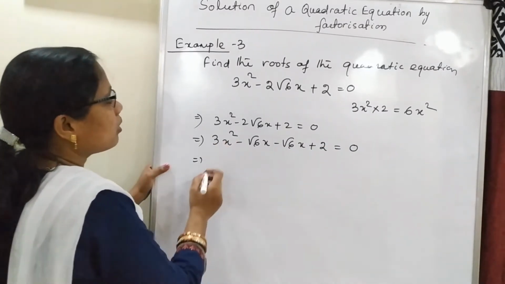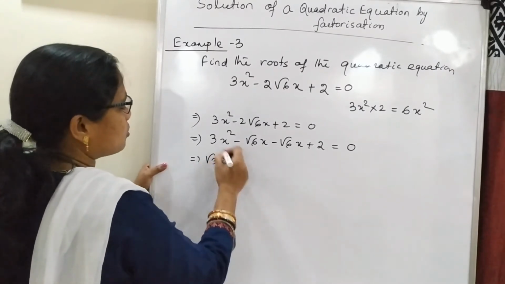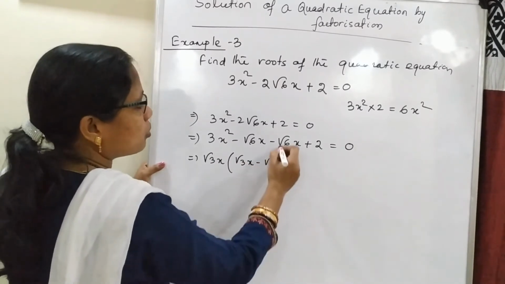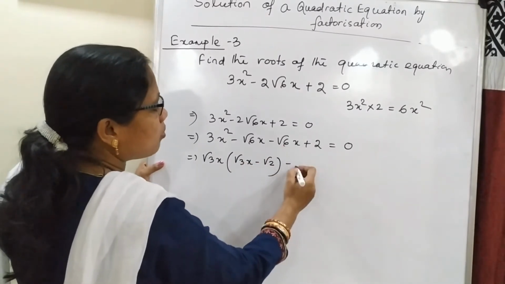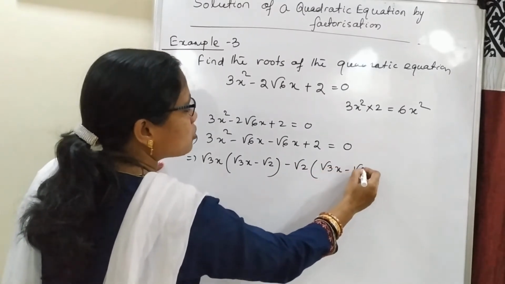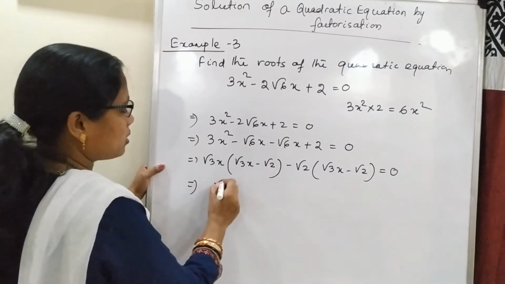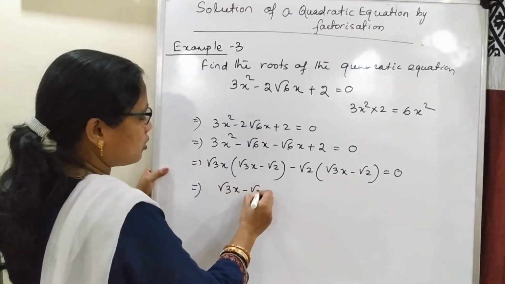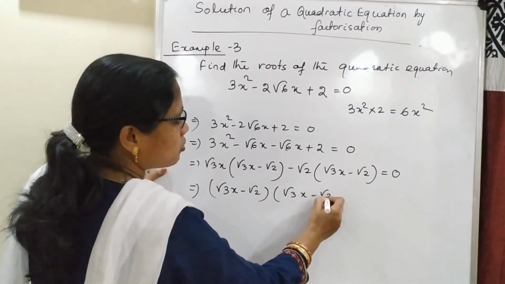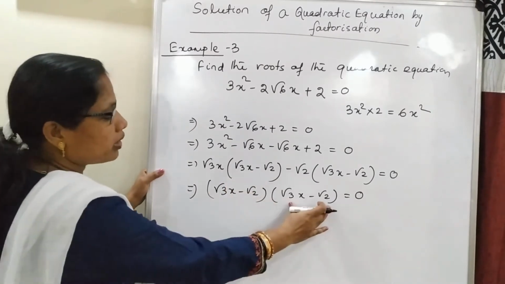So here what will be the common? Root 3x. So root 3x minus root 2. Here also what is common? Root 2. Root 3x minus root 2 is equal to 0. So this implies root 3x minus root 2 multiplied with root 3x minus root 2 is equal to 0. So it is factorized into two linear factors.